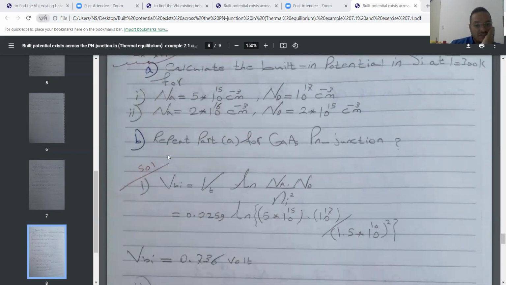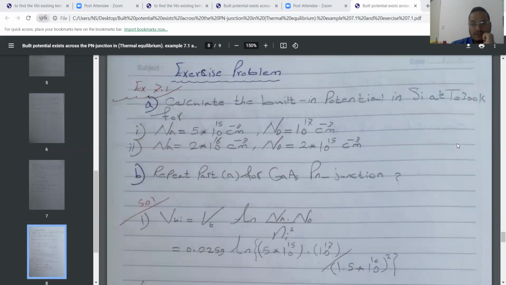In part B, repeat part A for gallium arsenide. That means we will deal with another Ni at room temperature, which we calculated before. That will be easier for us because we're dealing with room temperature. But at another temperature, lower or higher, we must calculate Ni for each element again.